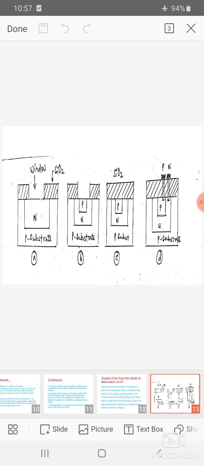Then by doping, a p-type semiconductor is doped through the window into the N-type material. Then the SiO2 layer is formed again, and again the SiO2 layer is cut to extract the connections from the P and N-type material, and it will give the diode.